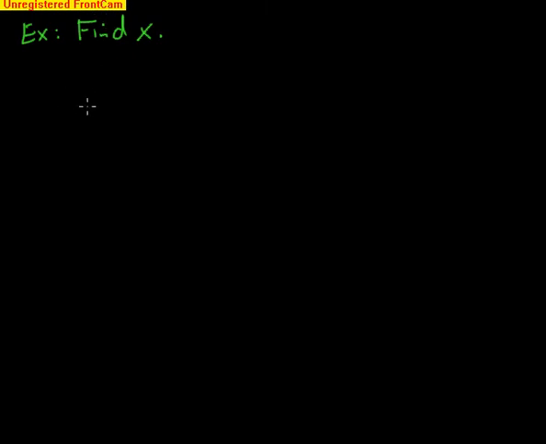Let's say we have a triangle, and then we're going to extend this side. And we have x degrees there, we have 72 degrees here, and this is 2x minus 11 degrees. So we need to find x.